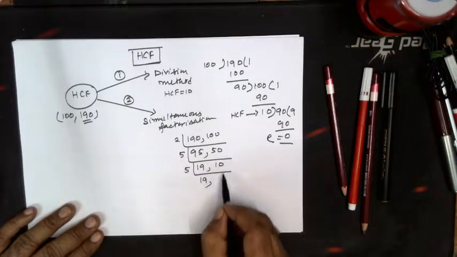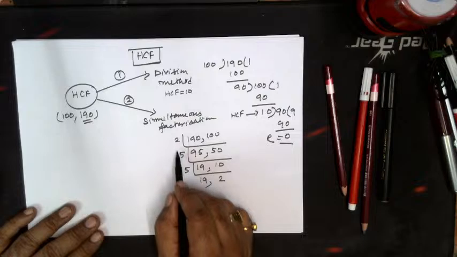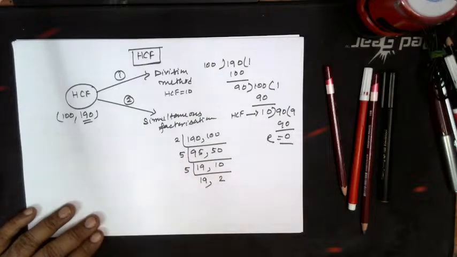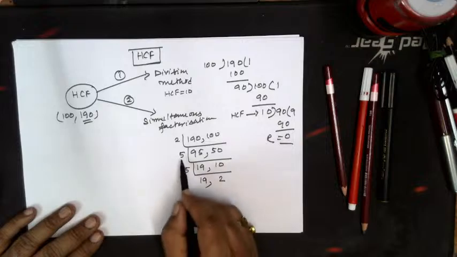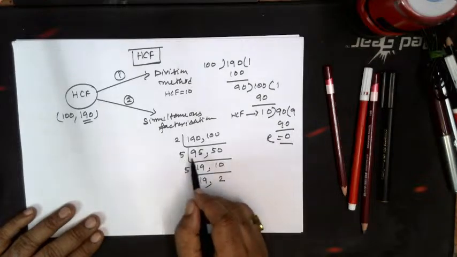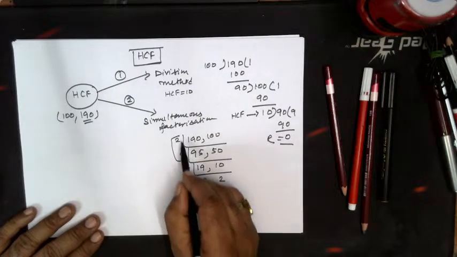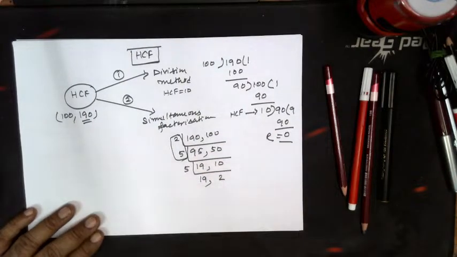And then what about this? 2. Now all are prime numbers. So once you are able to get the prime numbers, now which is the common one here? The common one is 5 and 2 only, in both the cases. So 5 and 2.